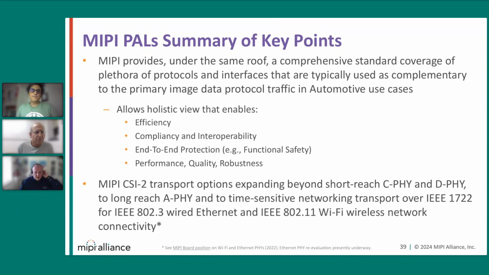Basically, we are expanding the different transport options for CSI2 beyond the short reach C-PHY and D-PHY, also to long reach A-PHY, SerDes type of network, but also to time-sensitive networking transported over 1722 to 802.3 wired Ethernet and 802.11 Wi-Fi wireless network connectivity, as I mentioned before. So a lot of PALs we have. Yes, too many PALs maybe.